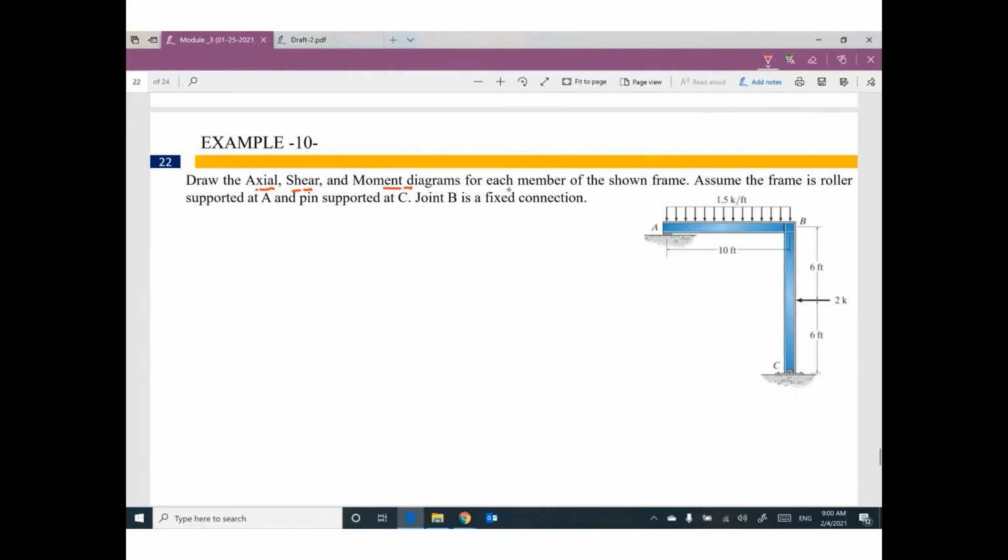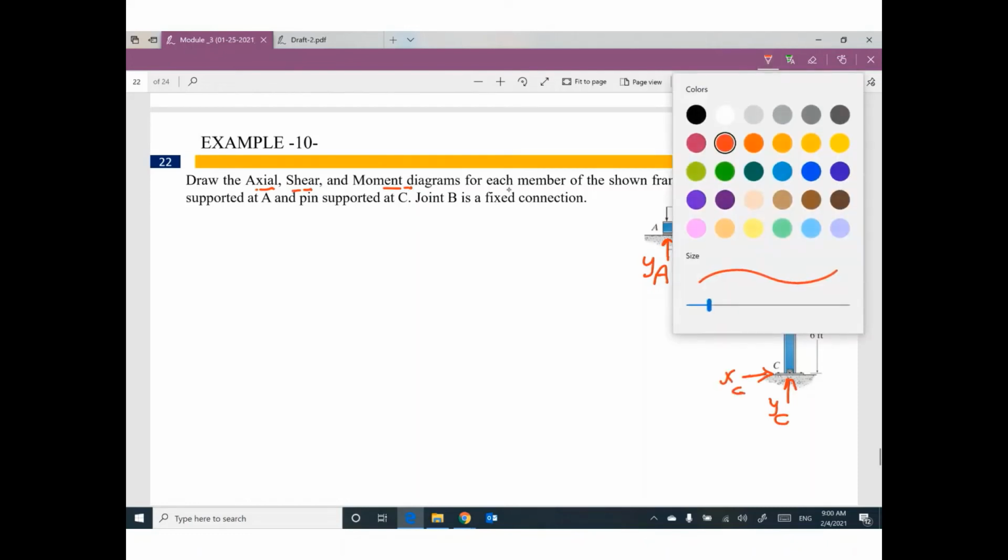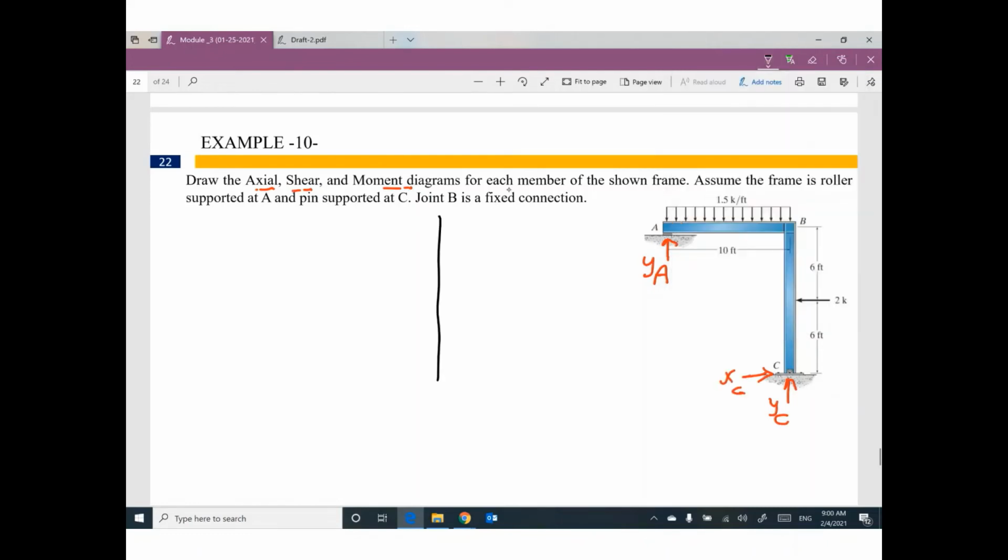This frame has a roller at A, so we have one reaction at A, YA, and a hinge at C, so we have two reactions, YC and XC. Okay, let's start to do the reactions. My question is, do you have any pin connection?